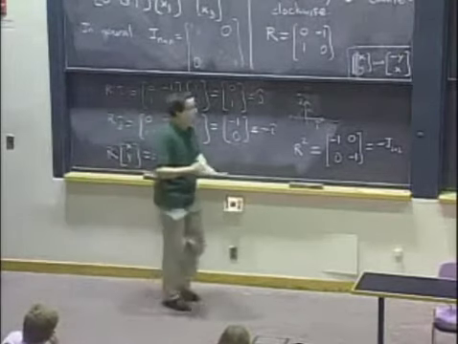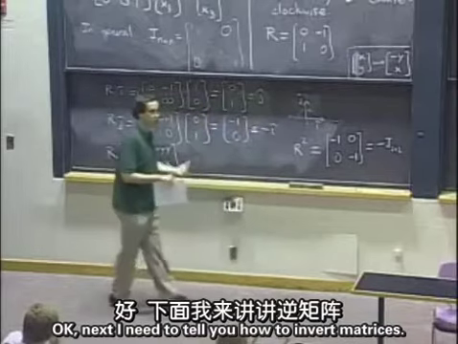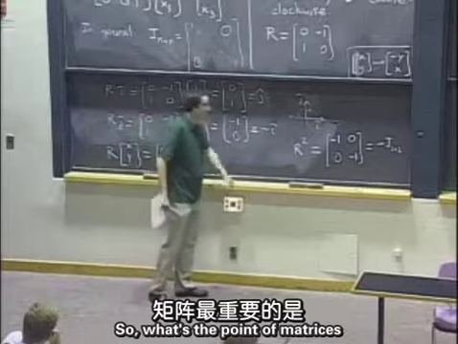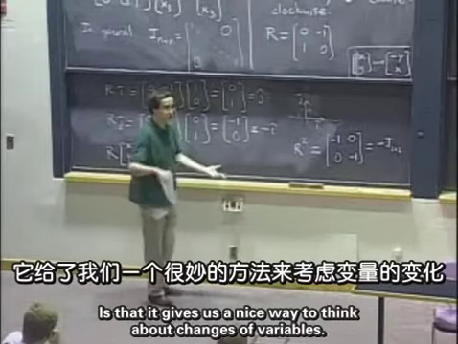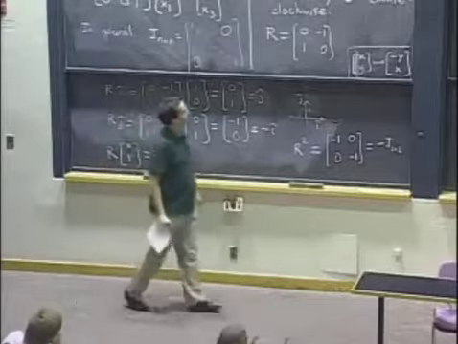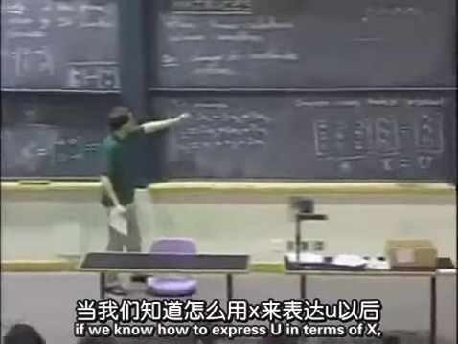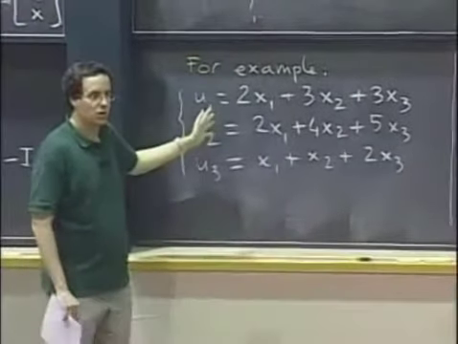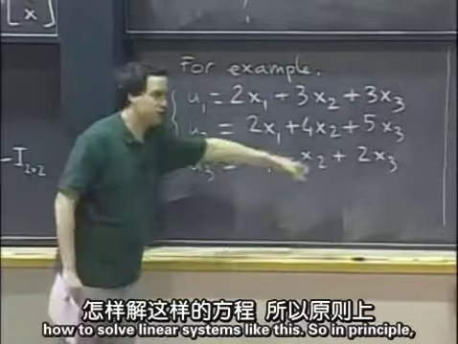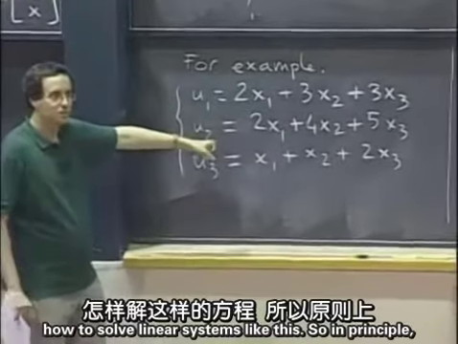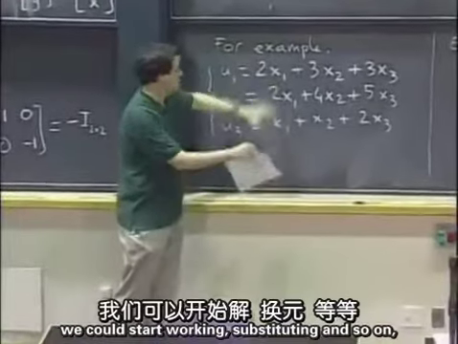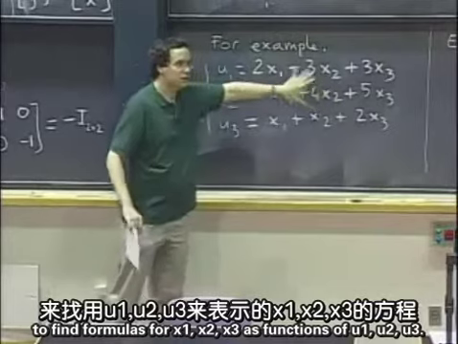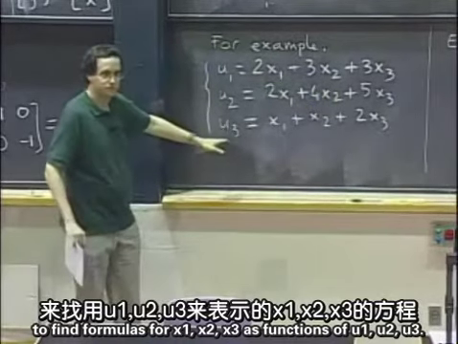Okay. So next, I need to tell you how to invert matrices. So what's the point of matrices? It's that they give us a nice way to think about these changes of variables. And in particular, if we know how to express u in terms of x, maybe we'd like to know how to express x in terms of u. Well, we can do that because we've learned how to solve linear systems like this. So in principle, we could start substituting, and so on, to find formulas for x1, x2, x3 as functions of u1, u2, u3.